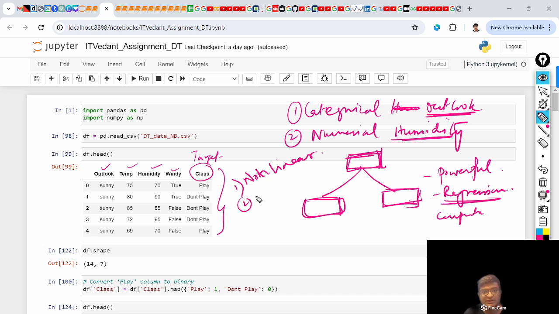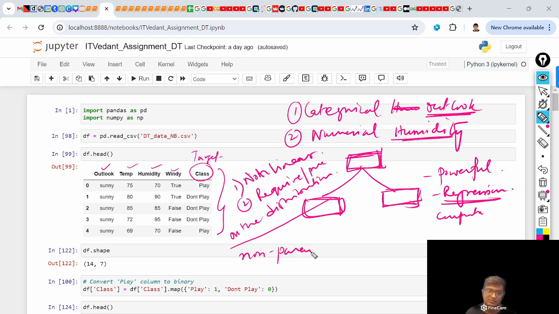So decision tree does not have a prerequisite of any assumptions on the distribution of the data. You might have seen that other algorithms like linear regression have a lot of prerequisites or assumptions which need to be followed. So this is basically a non-parametric algorithm.